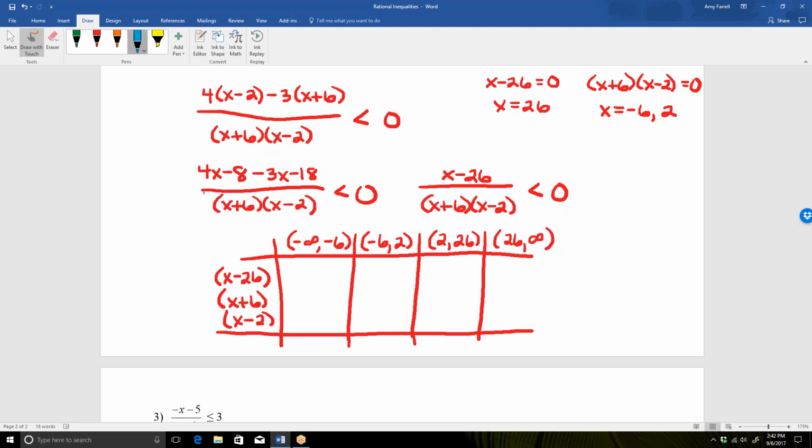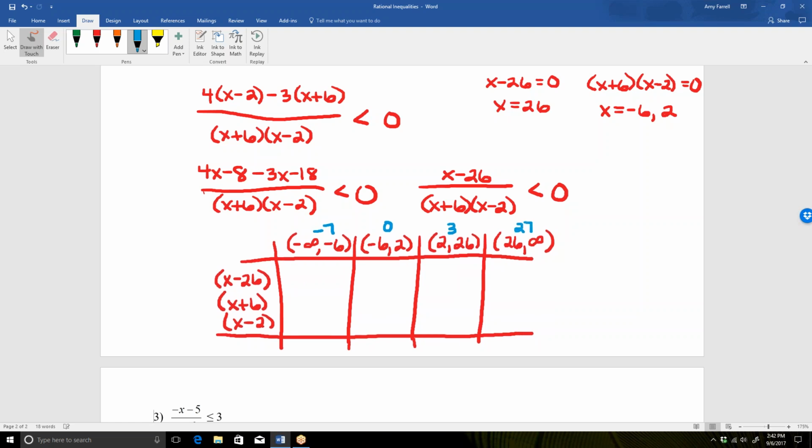Okay, so let's choose. We have to choose a number less than negative 6. How about negative 7? A number between negative 6 and 2, how about 0? A number between 2 and 26, how about 3? And then a number bigger than 26, how about 27? When I plug negative 7 into the first binomial, I get a negative result. Then I get a negative result.